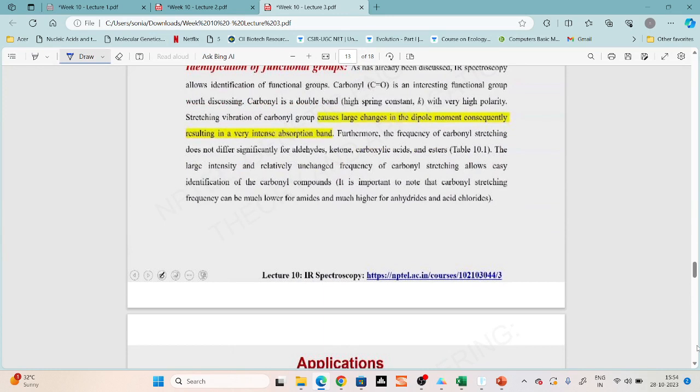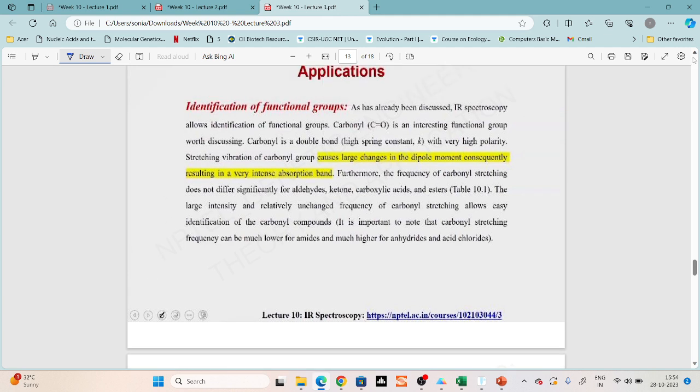So the first application of infrared spectroscopy is the identification of functional groups. Okay. How can you determine the functional group?